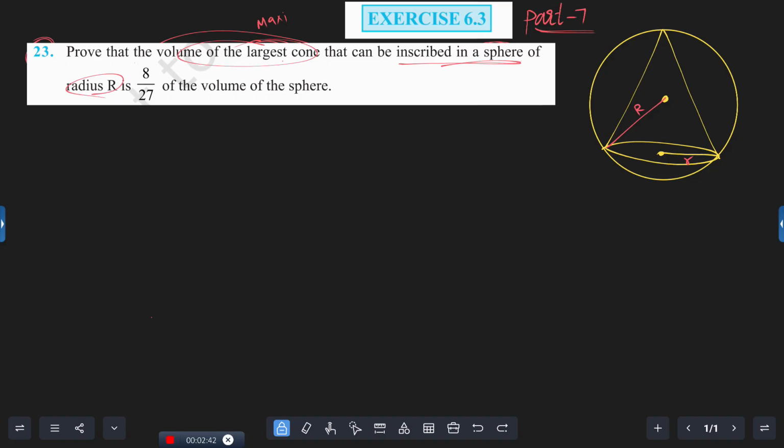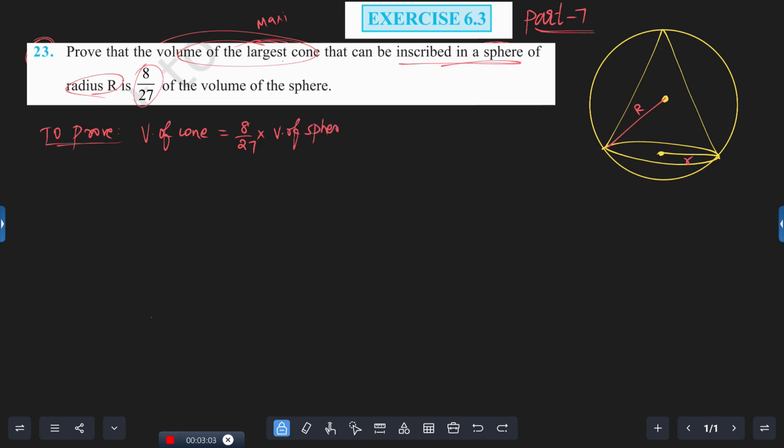So what do we have to prove now? To prove: volume of largest cone, means volume of cone, is 8 by 27 of the volume of the sphere.